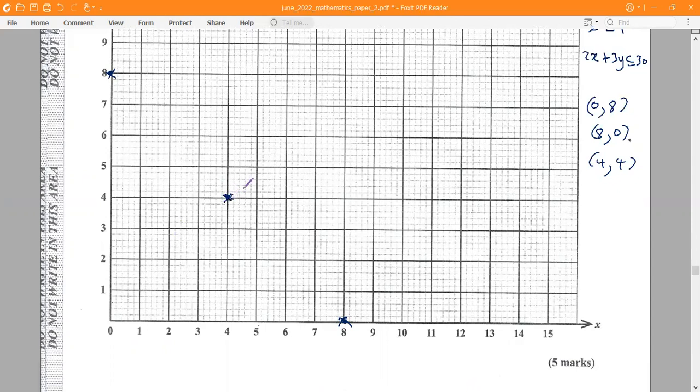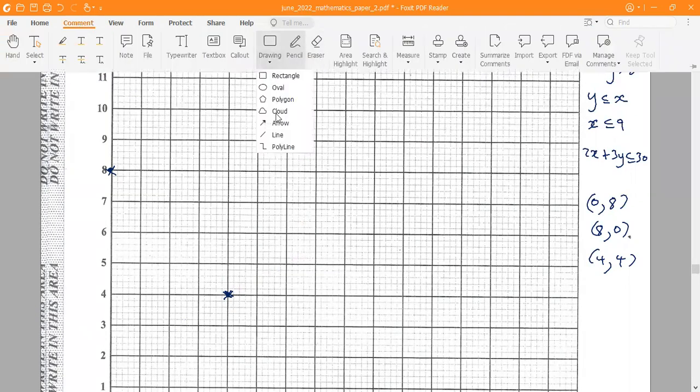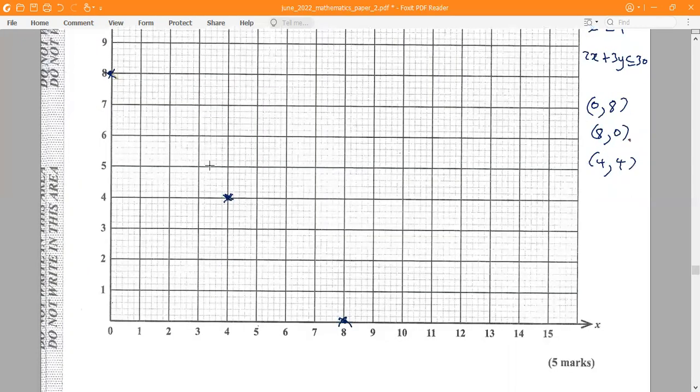All right, so let us draw a straight line through these points, like so.